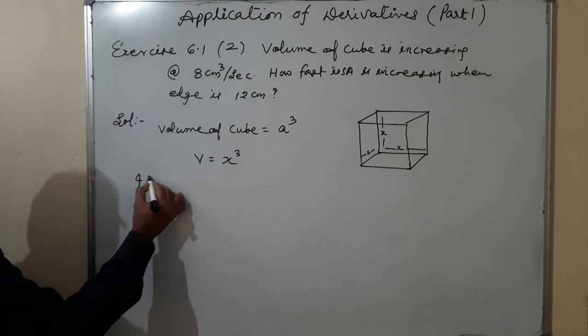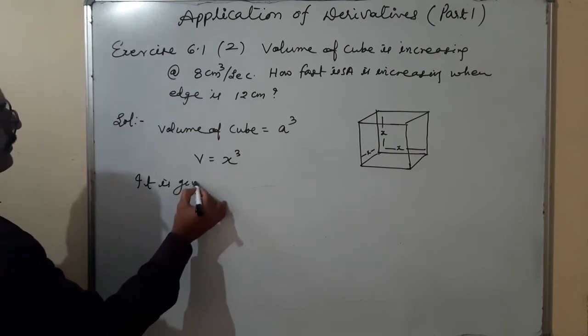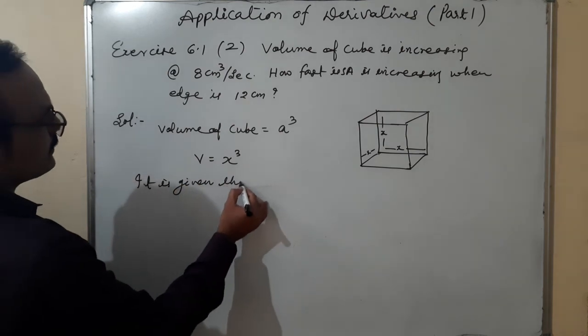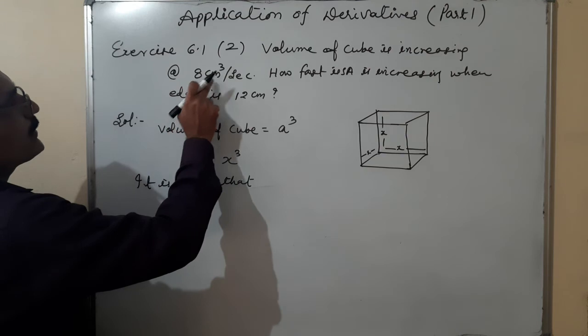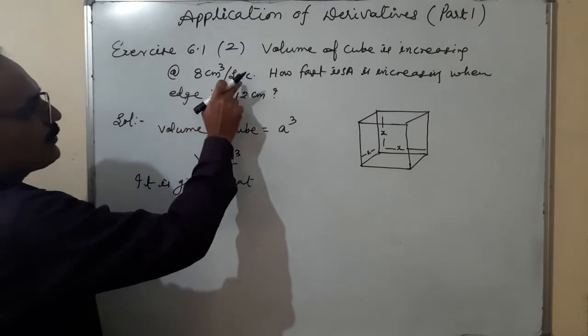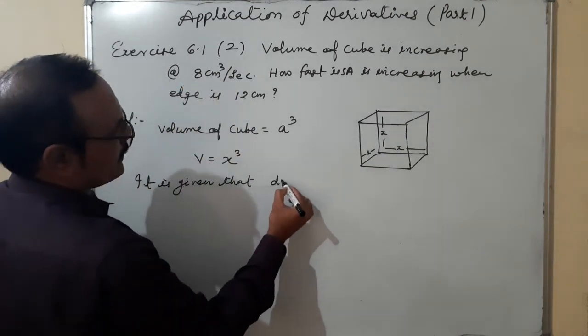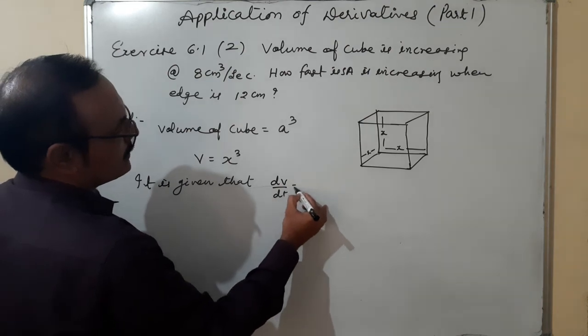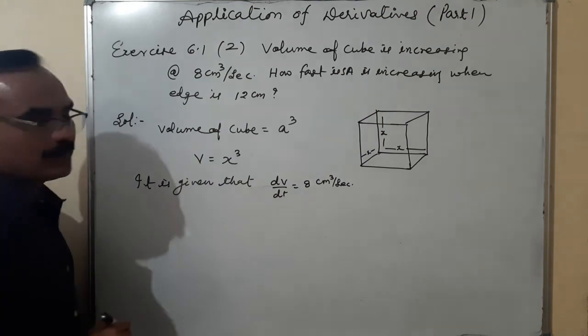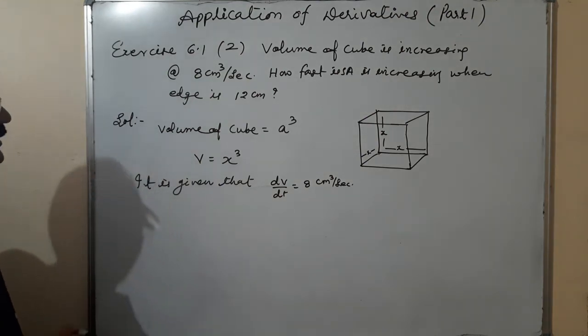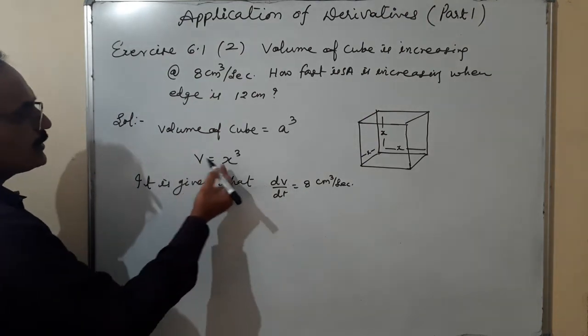It is given, from here we will draw this conclusion. 8 centimeter cube per second, dV upon dt. dV upon dt is equal to 8 centimeter cube per second. It is given dV upon dt. Okay. So if dV upon dt is given, that means what should be done?